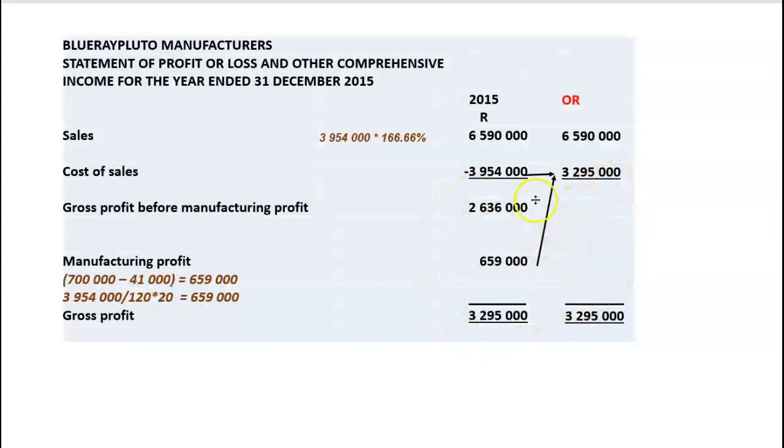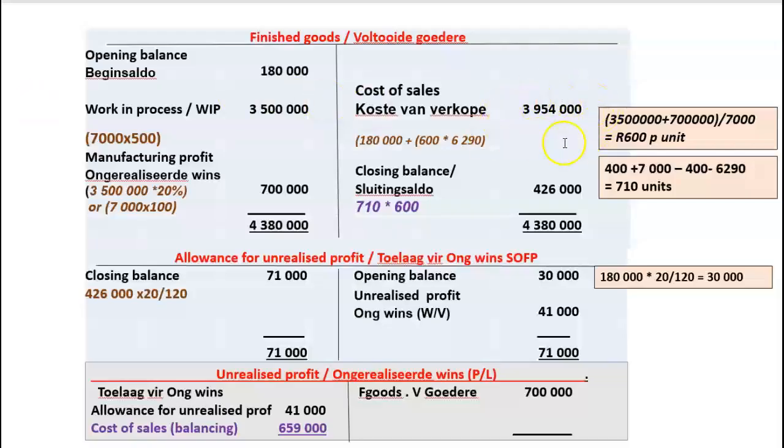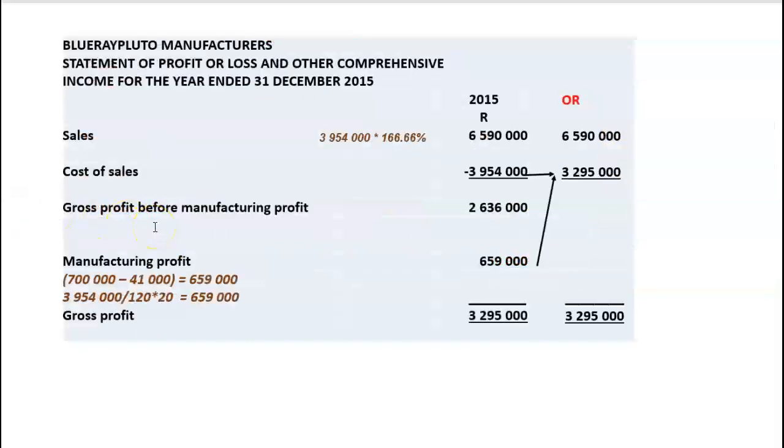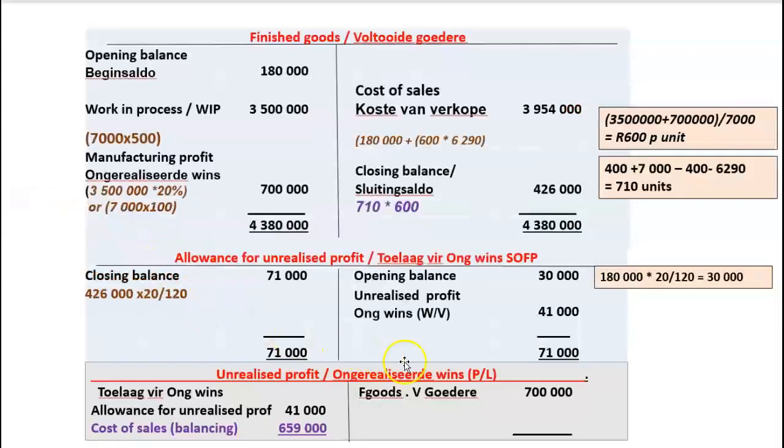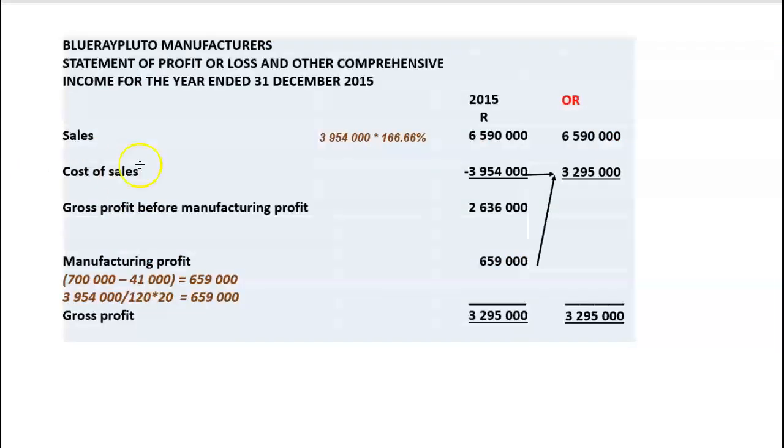Now, the cost of sales you can record in either one of these two ways. Both of them are correct. I do prefer the second method because that's cleaner. I could have taken the cost of sales here, the 3,954, and then adjusted it with the difference of 659,000, which was lying in our unrealized P&L cost of sales account.